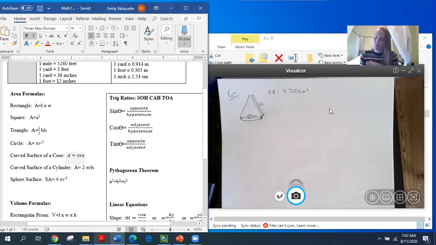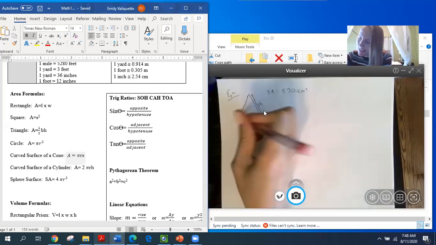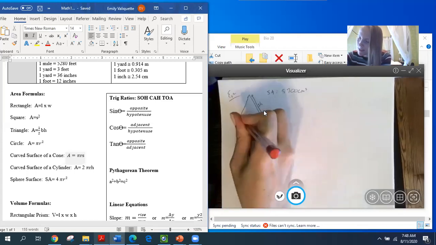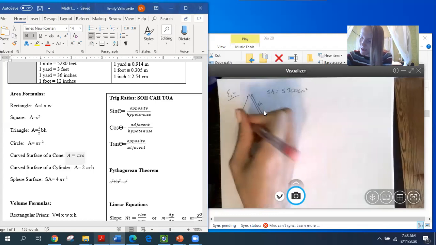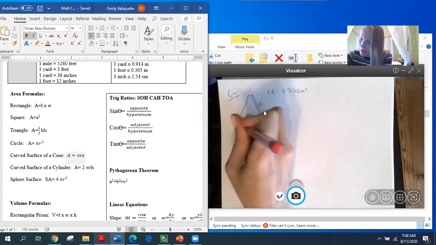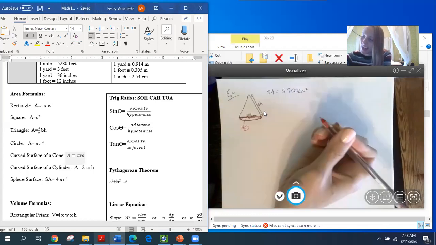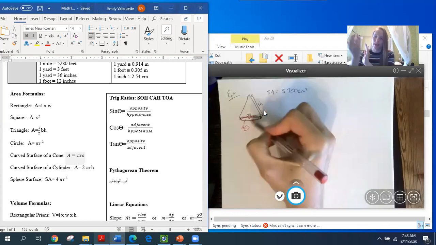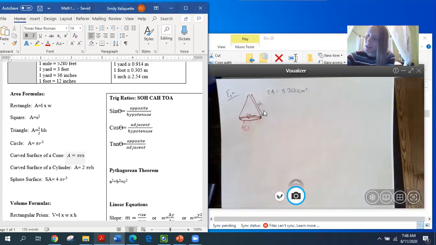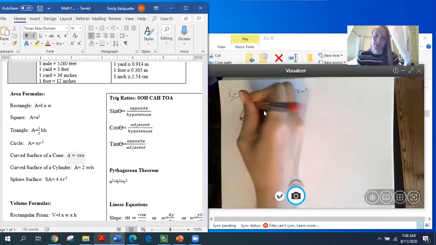Okay, so in order to work backwards like this, we're going to have to start by figuring out what the different formulas that we're using are. So in this case, I have the base of this cone, which is a circle. So I'm just going to call that area 1. And then I have the whole rest, the whole outside of the cone, which I'll call area number 2.